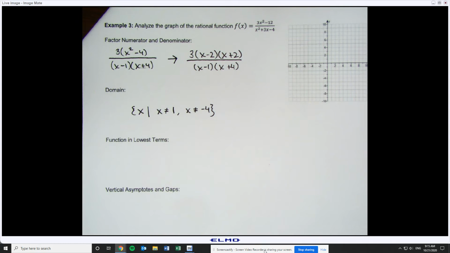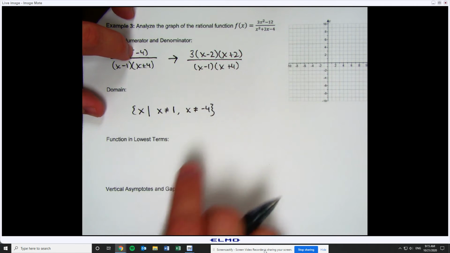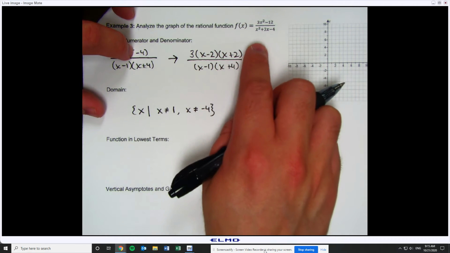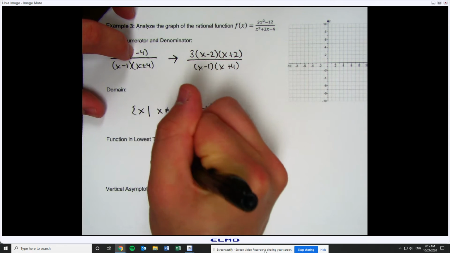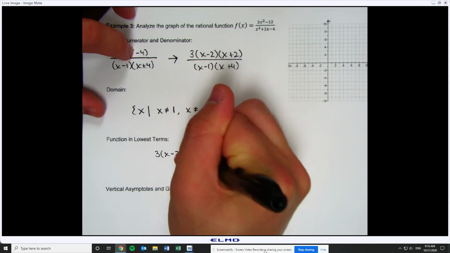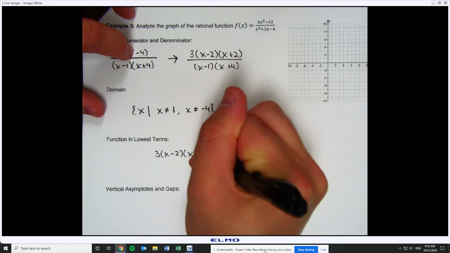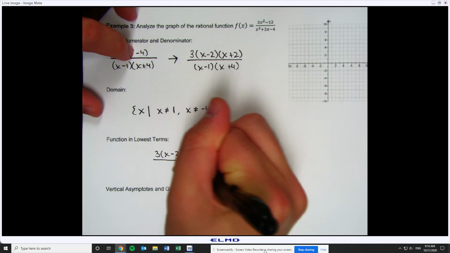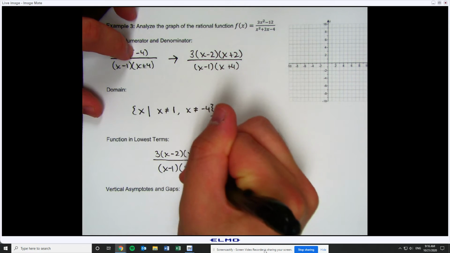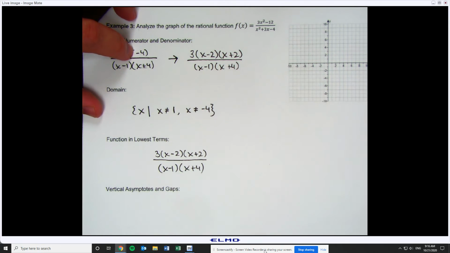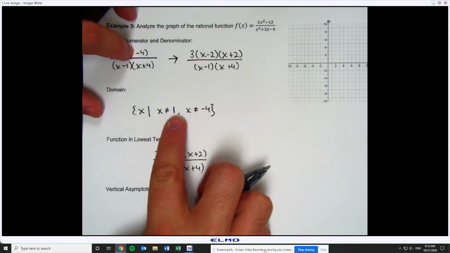That's something we can figure out really quick by looking at the denominator. Now for lowest terms, looking up here, nothing is the same on top and bottom, so it doesn't simplify. So it just remains the same. Now, if you're working this out on your own piece of paper, if it stays the same, you can just write the same. Doesn't matter. Perfect. So that means nothing got a little X under it.